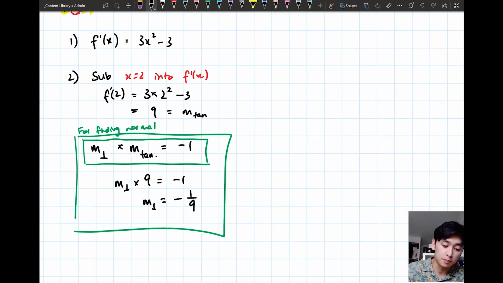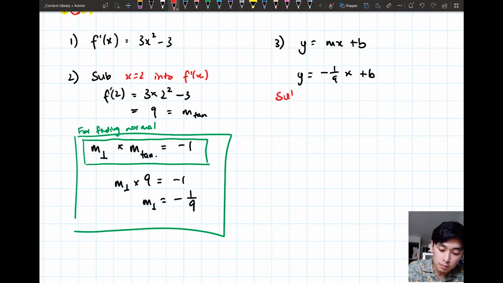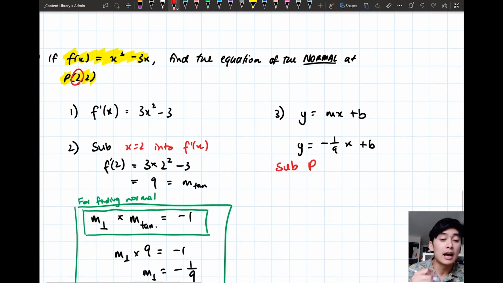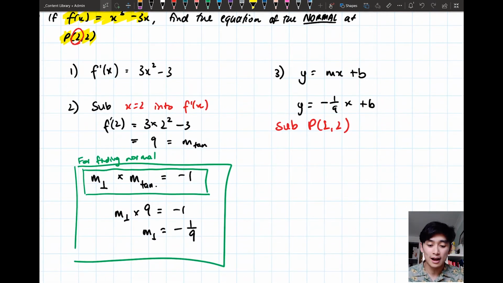Okay, so I found the gradient of my normal. All I need to do for part 3 is put it into my equation. So y = mx + b. I'm going to sub in for m, -1/9. So y = -1/9 x + b. From there, I need to substitute my point. My point hasn't changed. It's (2, 2). And so I sub in x = 2, y = 2.